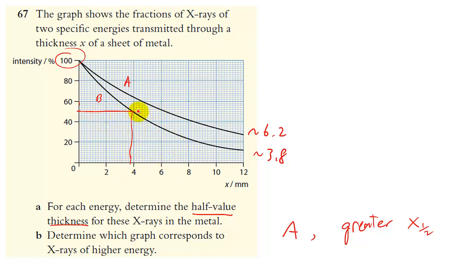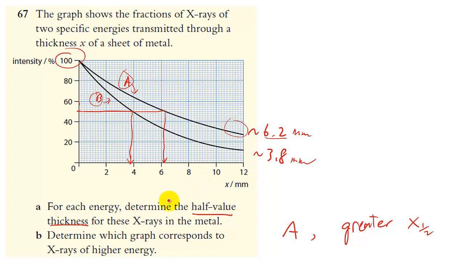And same if you go for another line, it's about here. Okay, so from what I see, this one I name as A, this one I name as B. For A it is 6.2 millimeter, while for B it is about 3.8 millimeter, for the half value thickness.